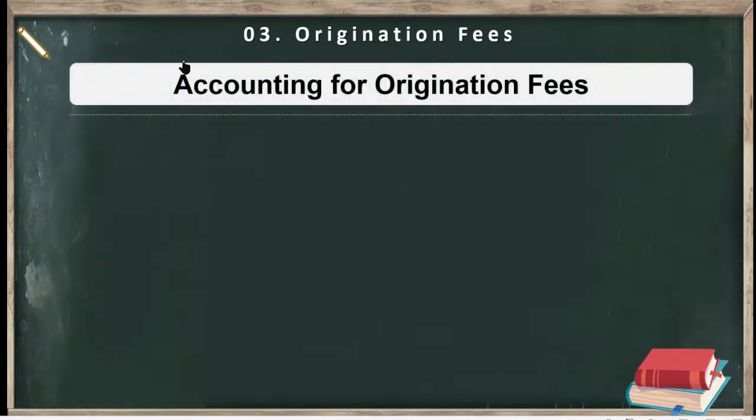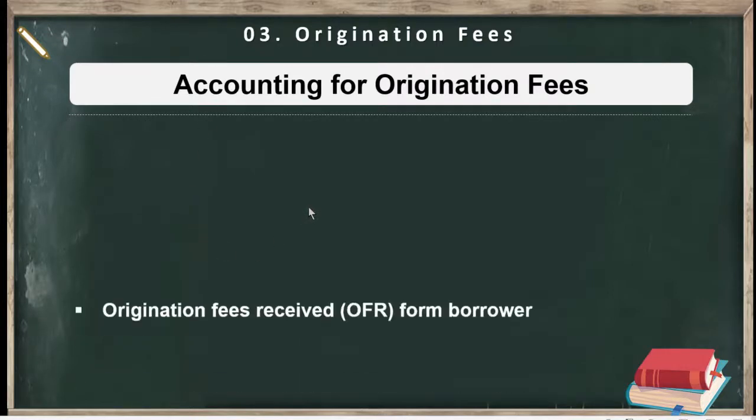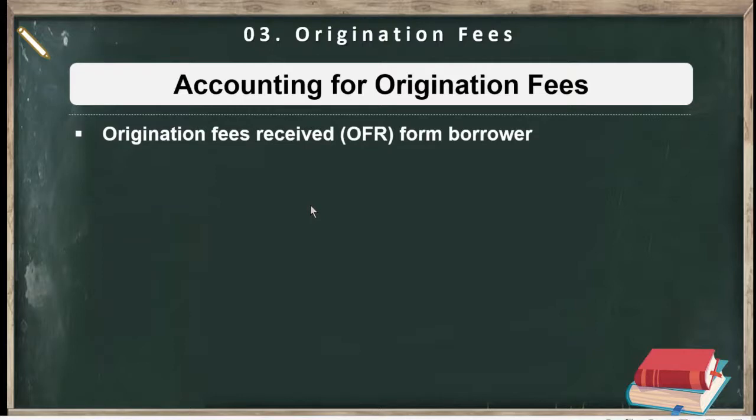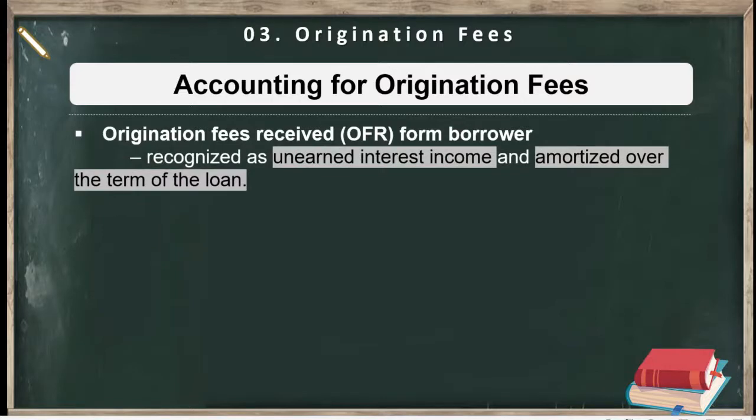So how do we account for origination fees? Origination fees received from the borrower are recognized as unearned interest income and are amortized over the term of the loan. When we say amortize, it is divided up according to the effective interest method, so it is spread over the term of the loan.